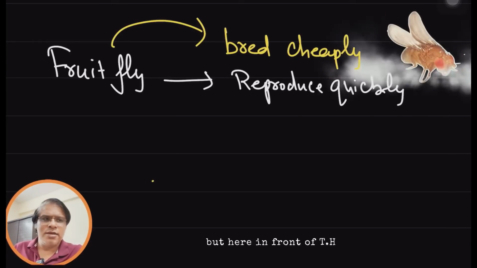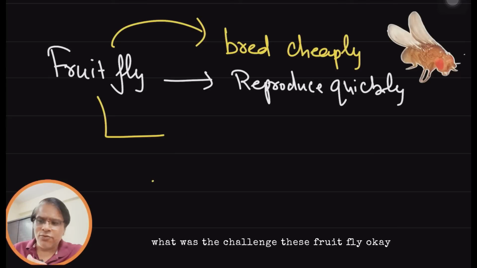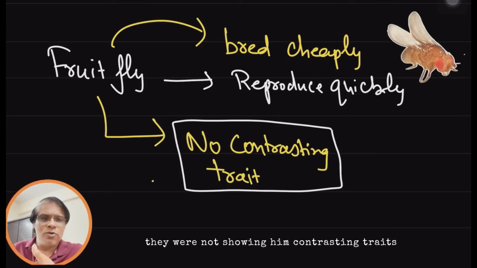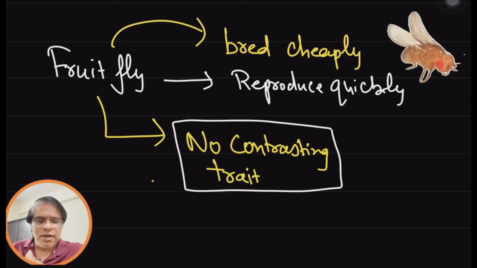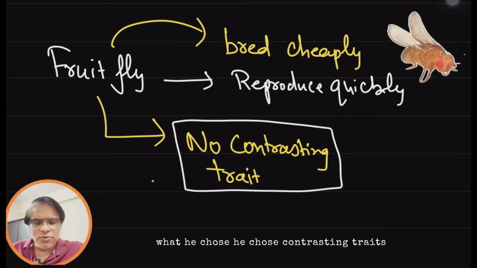But in front of T.H. Morgan there was a challenge. What was the challenge? These fruit flies were not showing him contrasting traits. If you remember Mendel's work, he chose contrasting traits.